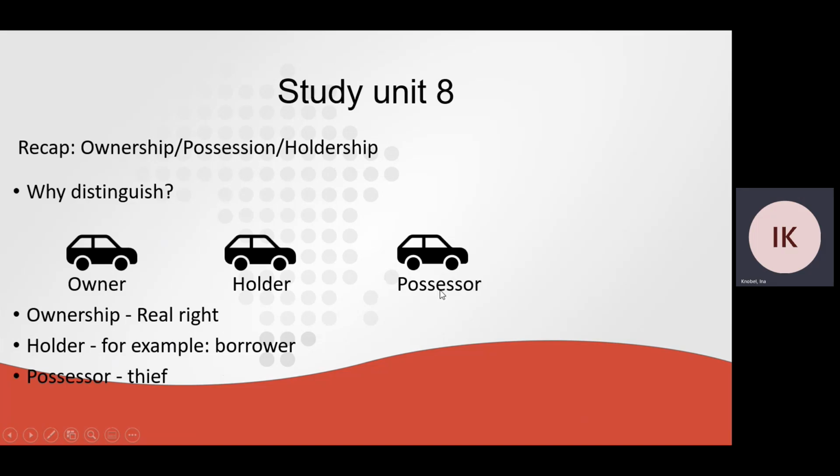In other words, there you must not think of an owner with the entitlement of controlling or possessing his or her own thing. When we say possession is always unlawful, it's only when we distinguish it from ownership and holdership. And there, our best example is a thief.